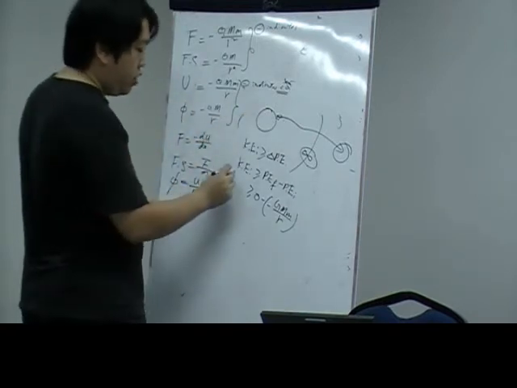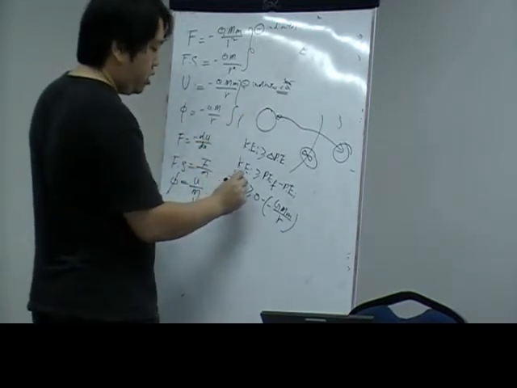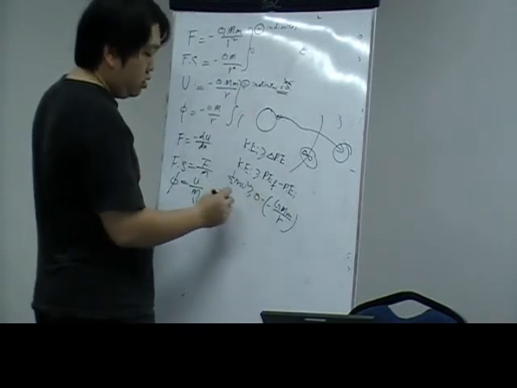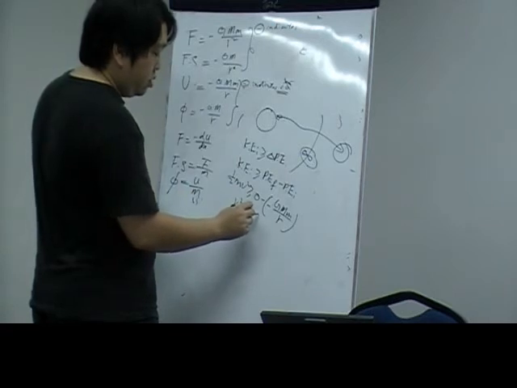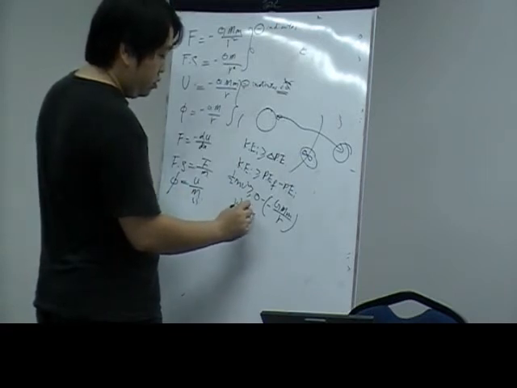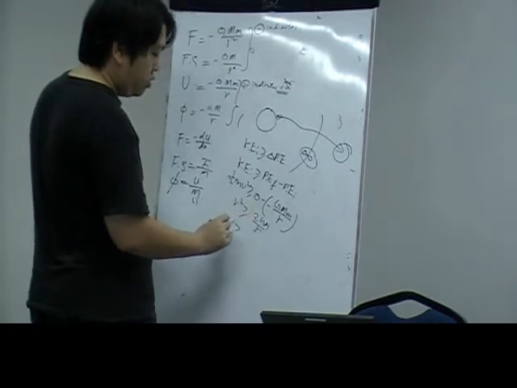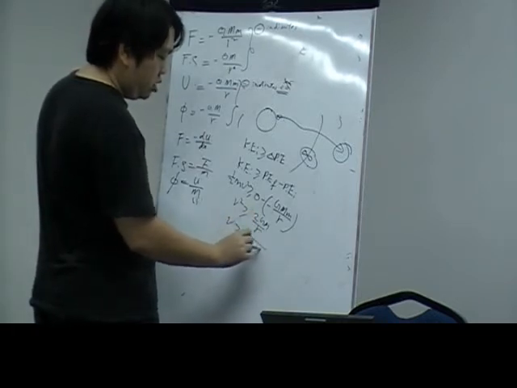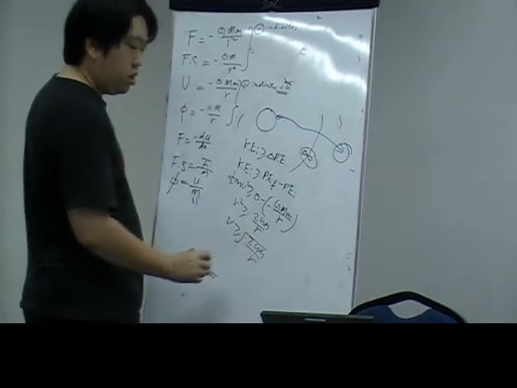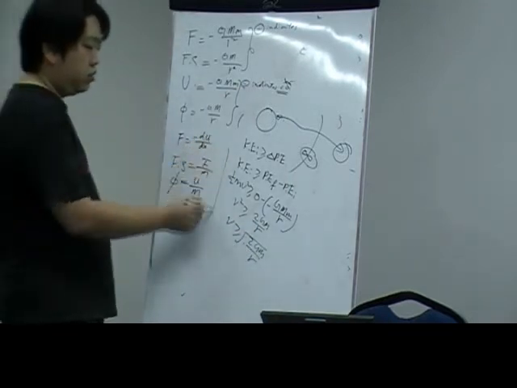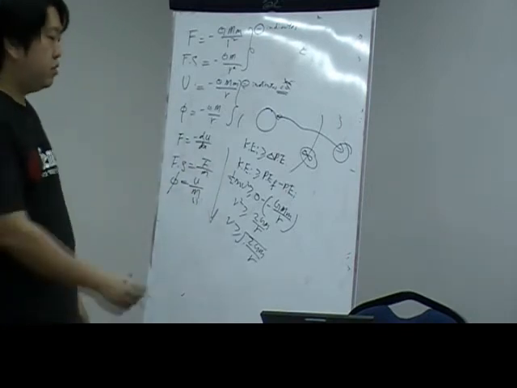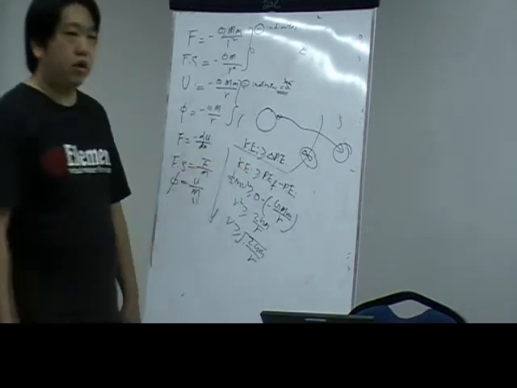So half mv squared, and the minus signs cancel, so you have v squared greater than or equal to 2GM over r, and then v is greater than or equal to the square root of 2GM over r. That means the initial speed must be at least this amount, but I think this is not so good to remember, because all you need to know is how much energy is needed.